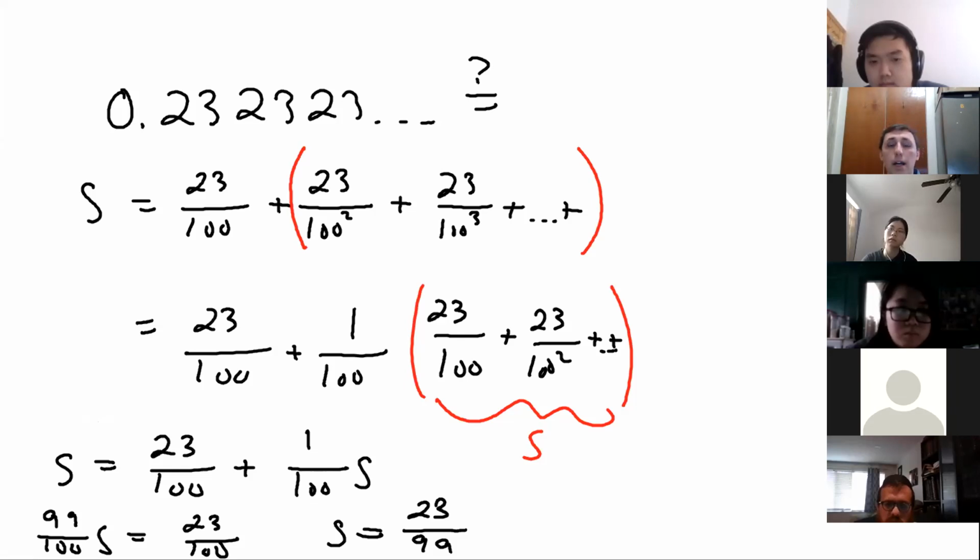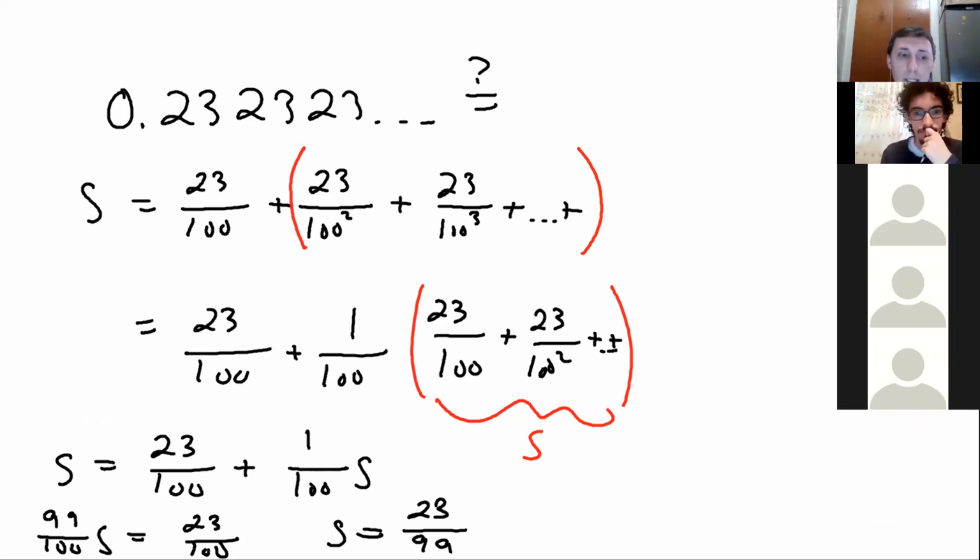I'm left with 99 over 100, right? So if you take a cake and divide it into 100 parts and you remove 100th of that part, you're left with 99 parts. So then you get 99 over 100 S equals 23 over 100. And then you multiply both sides by 100, it's crossed out, and then divide both sides by 99, and you have 23 over 99.